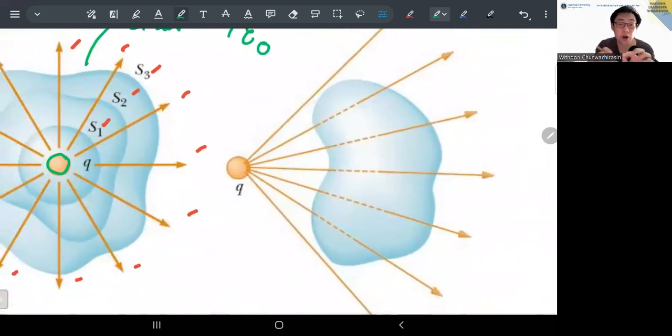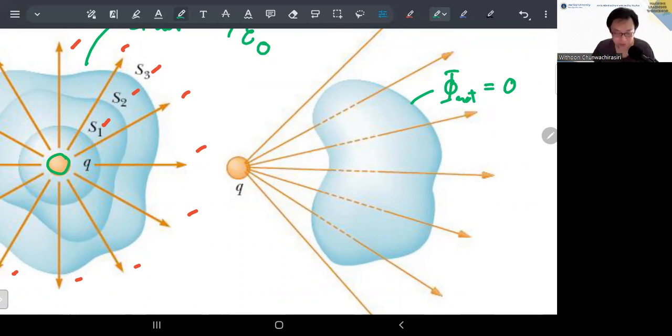Look at the next one here. If you place the charge outside the closed surface, it means there's no net charge inside this closed surface whatsoever. I can tell you right away, the net flux must be zero because there's no charge inside this closed surface. That's easy. It is that easy. I'm serious.